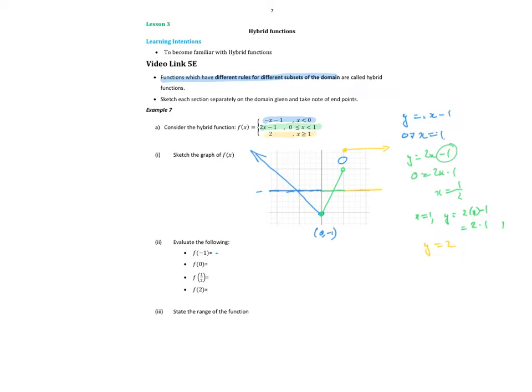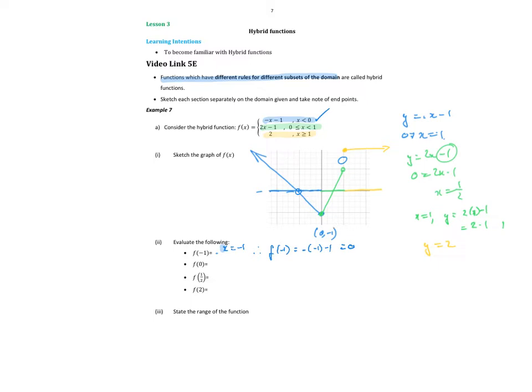Here, x is equal to -1. So x equal to -1 fits into the blue function, so I substitute -1 into that. F of -1 is equal to -1 minus 1, which is a +1 minus 1, which is equal to 0, which is that point there.